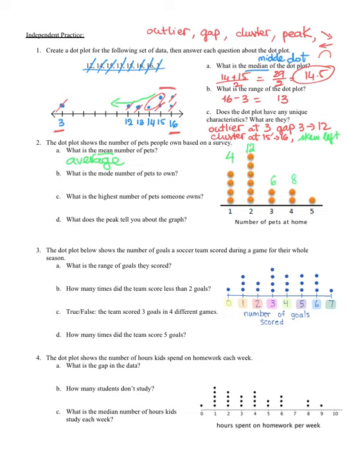And I have 1 times 5 is 5. So we're going to add these up. 4 plus 12 is 16. 16 plus 6 is 22. 22 plus 8 is 30. 30 plus 5 is 35.